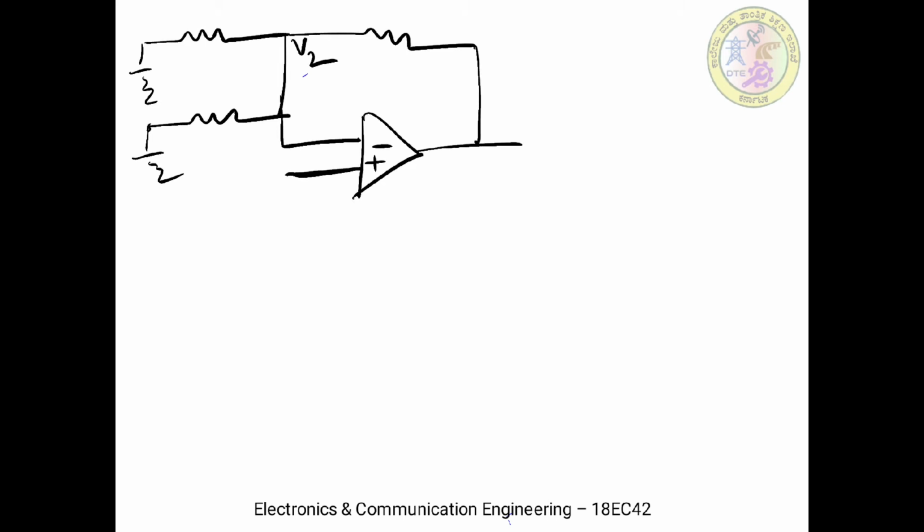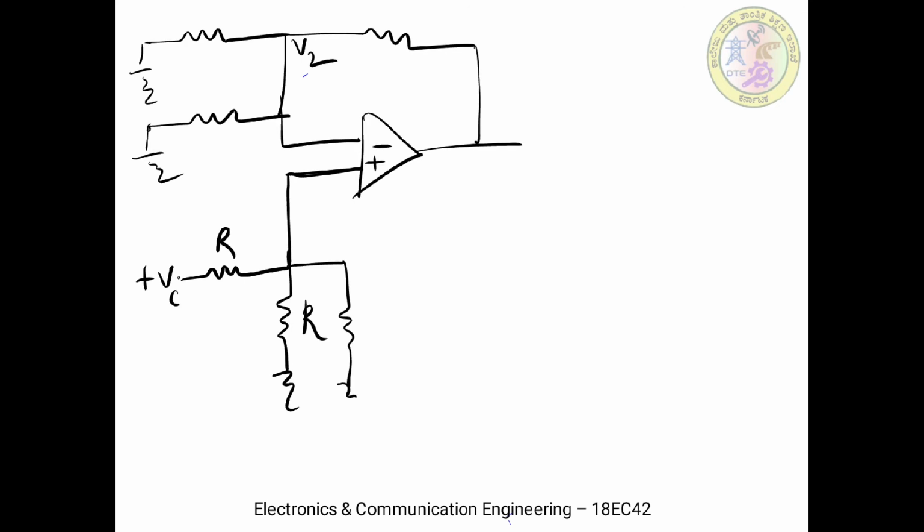At the plus terminal we are retaining only the VC input which is applied through the resistor R, and again VD is equal to 0. VD input is 0.